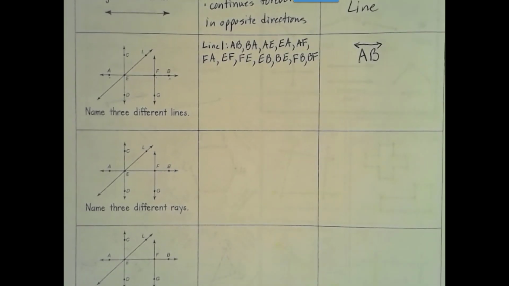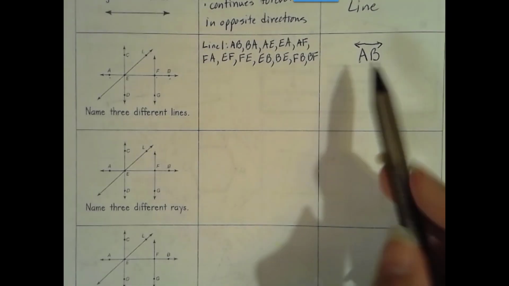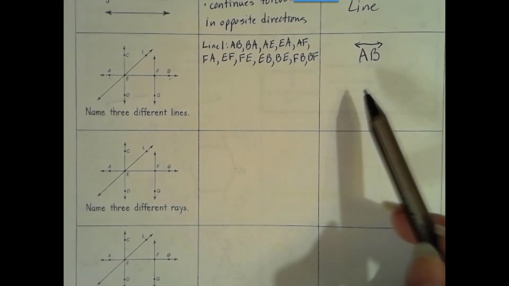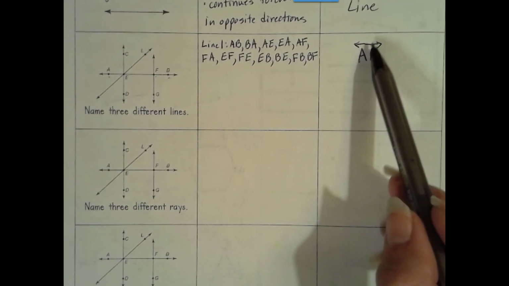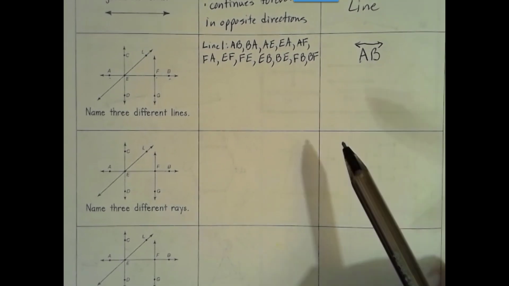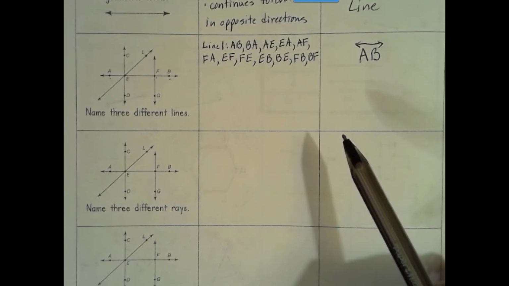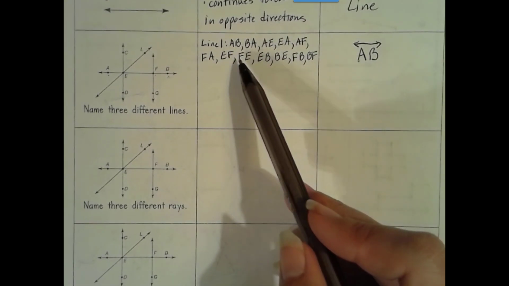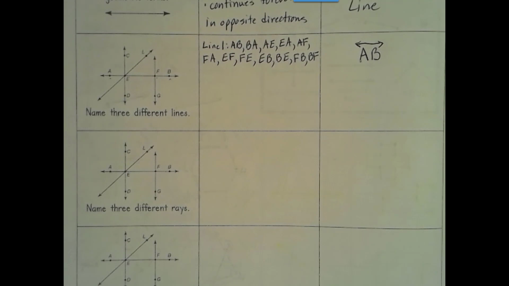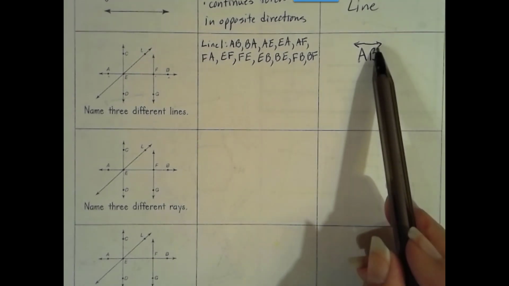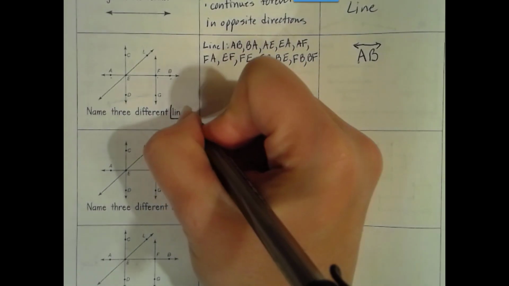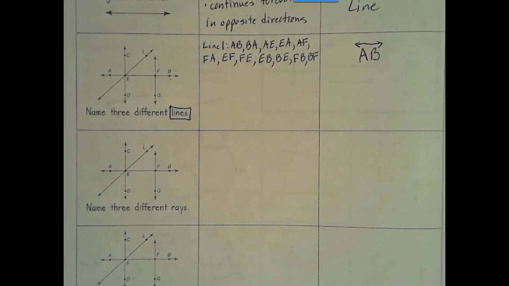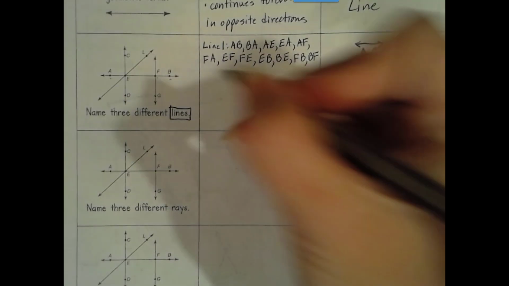You do not have to use a straight edge to draw that when you're labeling a line. When I put that line on top, I know I actually read this as line AB. Otherwise, if it's just the two letters, it's talking about the distance between those two, and it has a different meaning. So we have to use that line on top so we know it's a line, not a line segment, not a ray, and not a distance.